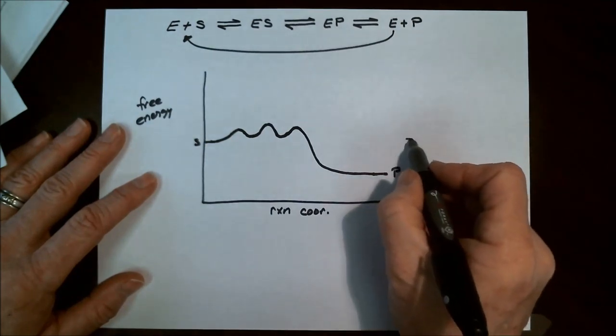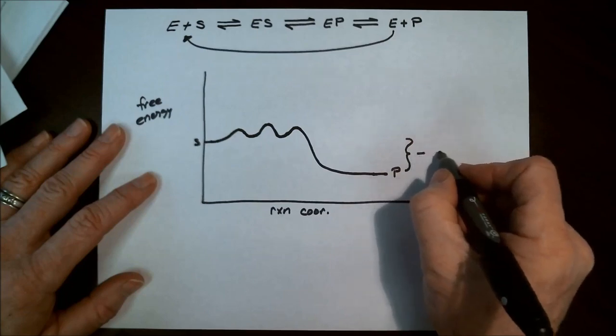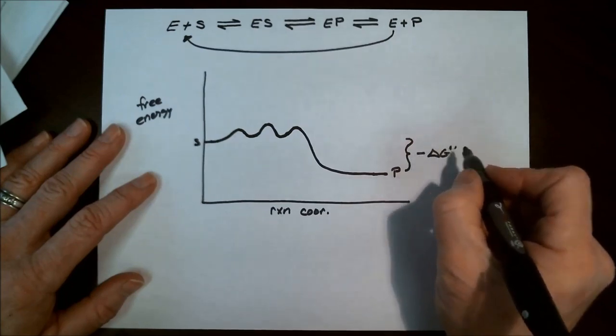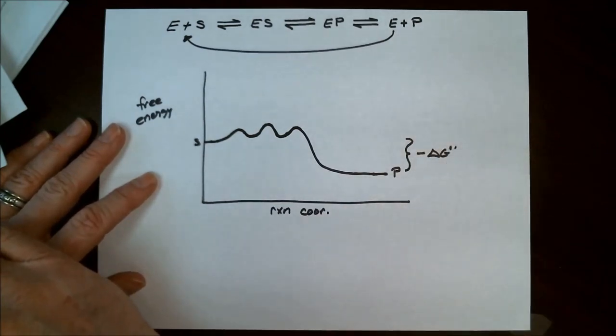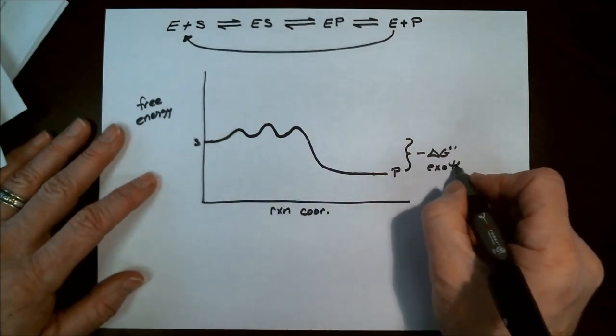Now we saw that the difference between the substrate and the product is a negative delta G. So that means that this reaction is exothermic and it's moving forward.